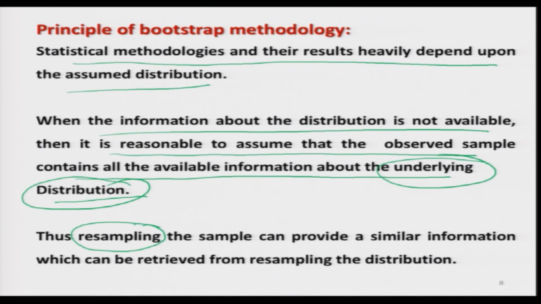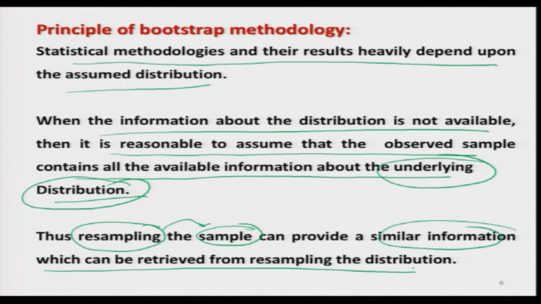Using the resampling technique on the available sample itself will provide many more samples, and we assume that every sample will provide similar information which can be retrieved from resampling of the distribution.